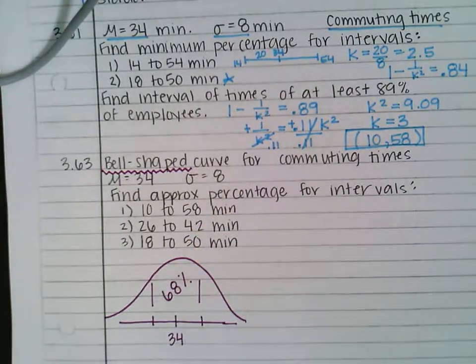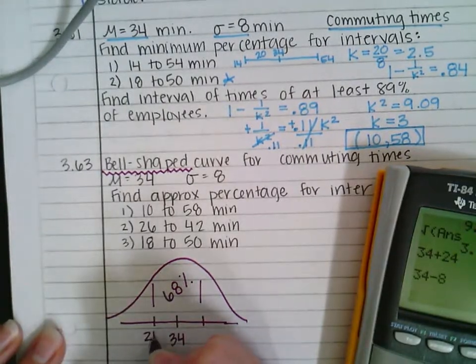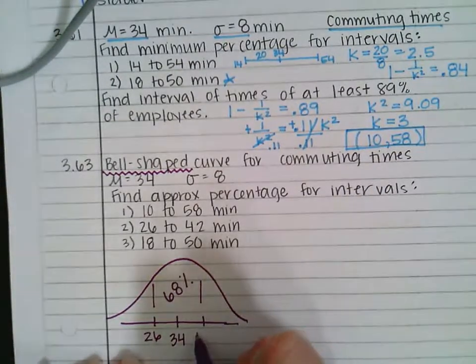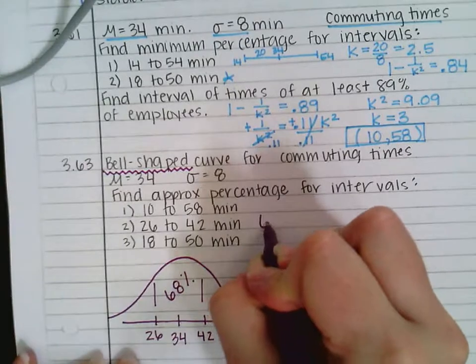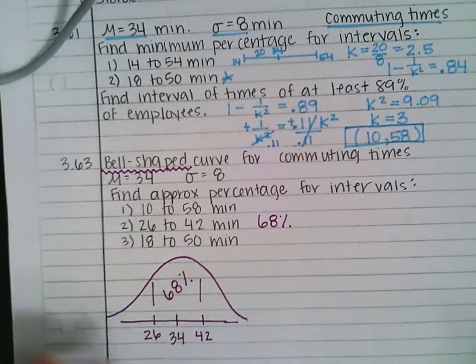Okay, so 68% of the data is between, well, if I take 34 minus 8, that's 26, and 34 plus 8, that's 42. Oh, look, there's my answer to number 2. Right there, 68%. Okay.